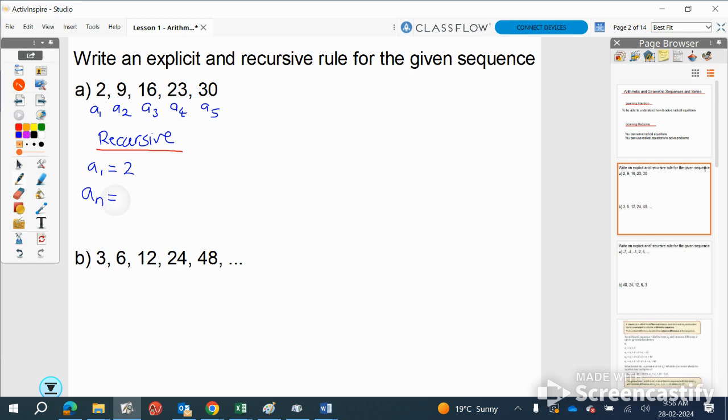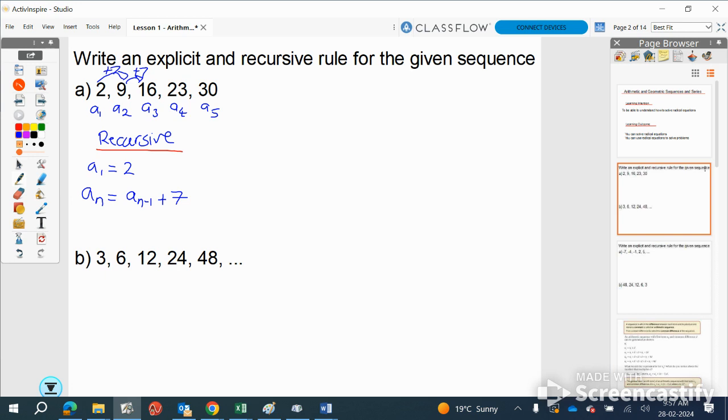An, the nth term in the sequence, is given by An minus 1 plus 7. An minus 1 is the previous term in the sequence. An plus 1 is the next term in the sequence. So each term in the sequence is given by the one before it plus 7. In effect, you're going plus 7, plus 7. And this is how we can define this rule.